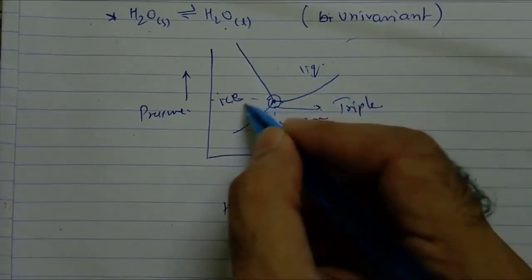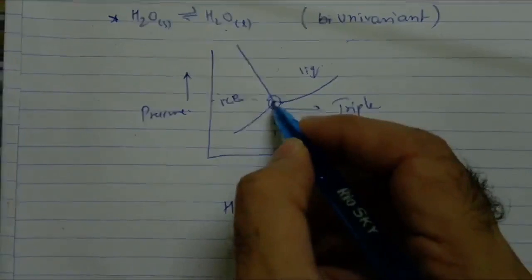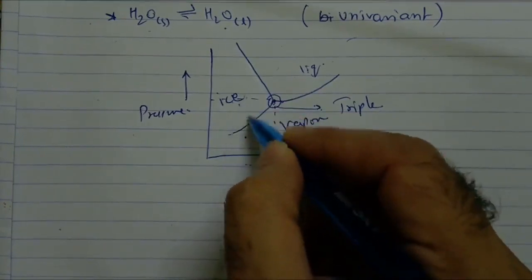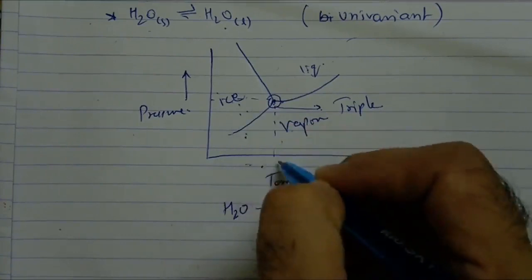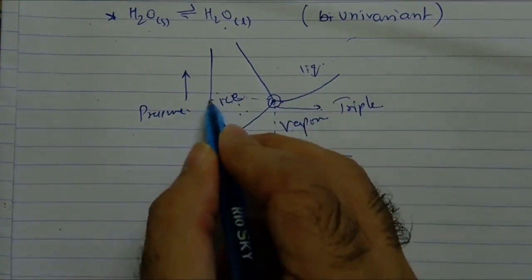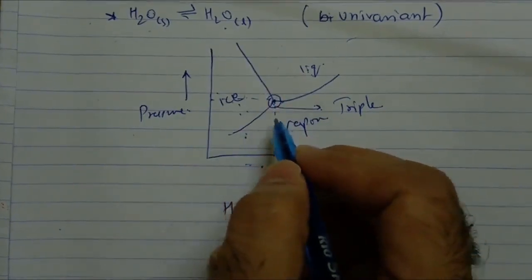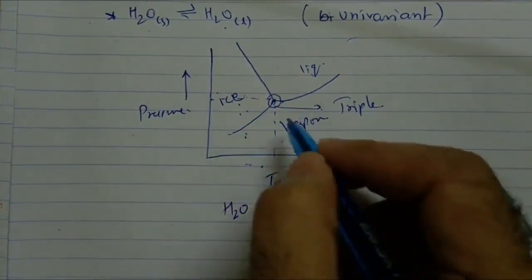So this phase will be removed. If you change temperature to this side, it will become ice and vapor. That means direct vaporization or sublimation of ice will occur. Is that clear? Similarly for pressure also, if you disturb this, it will remove one of the phases. Okay, now this is the triple point.